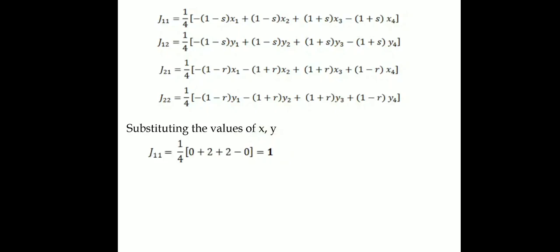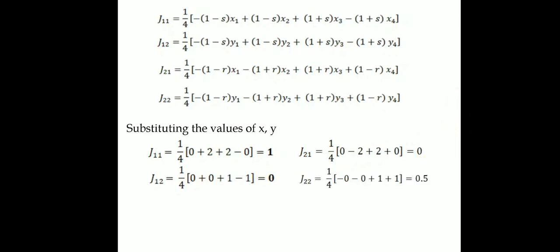For that we have equations for J11, J12, J21, J22, which were already derived in the previous class, and substituting the values of x and y, with s given as 0 and x1, x2, x3, x4 given, we get J11 as 1, J12 as 0, J21 as 0, J22 as 0.5.